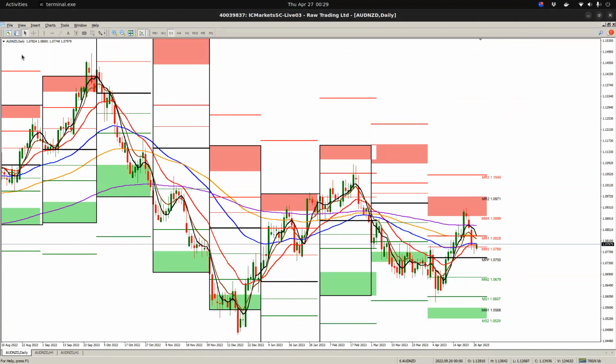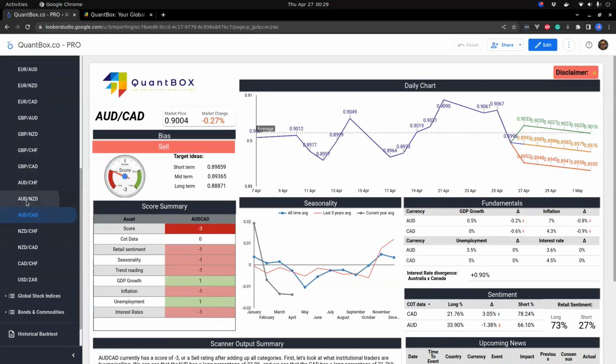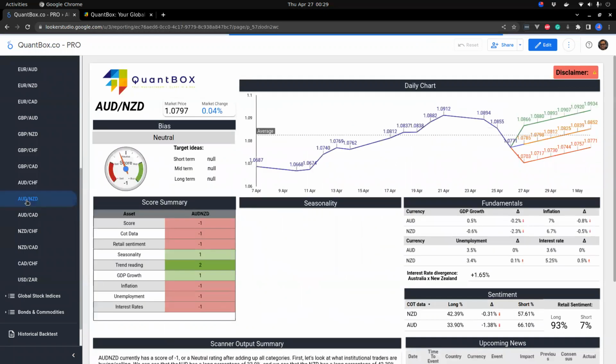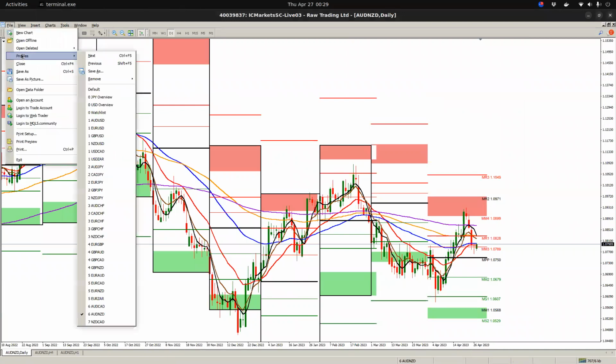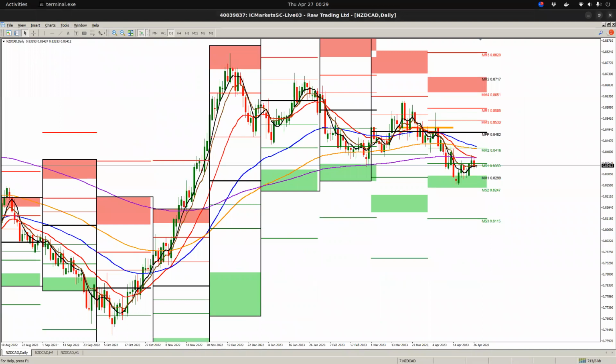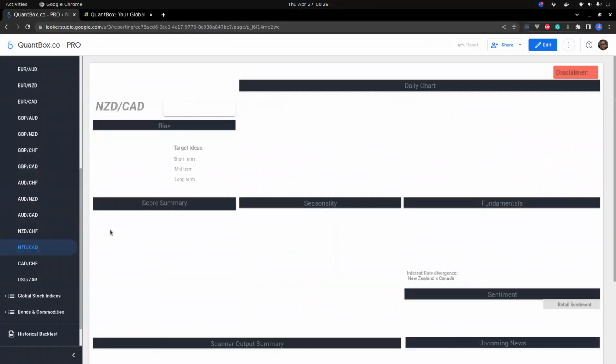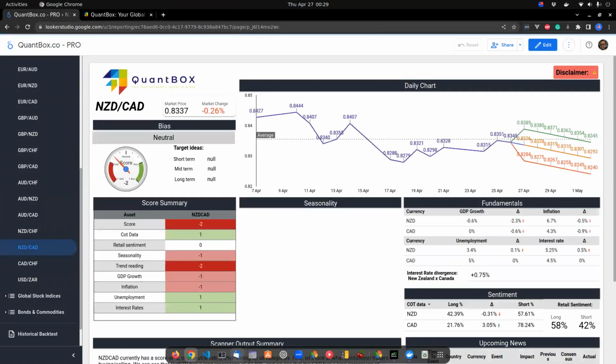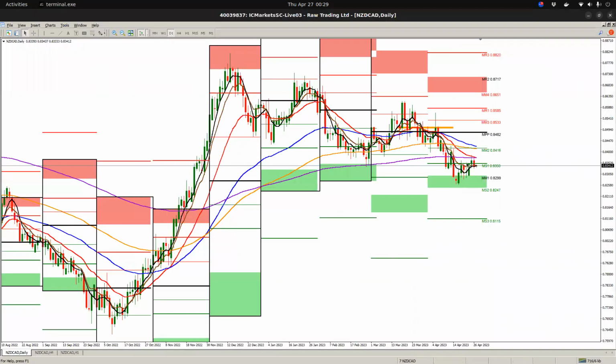Kind of in the middle of nowhere, really. Bias of neutral. And then Kiwi CAD, bias of neutral. And currently there. Cool.